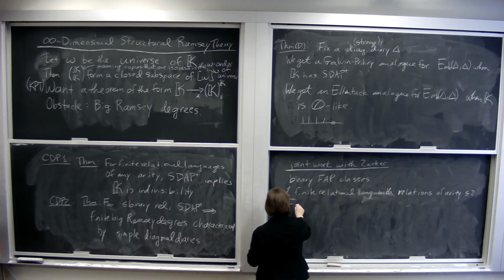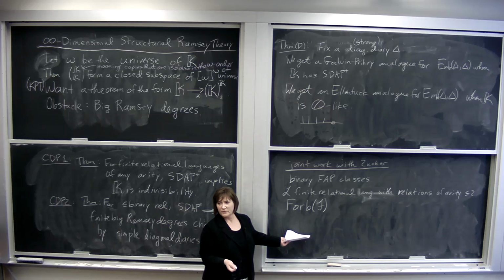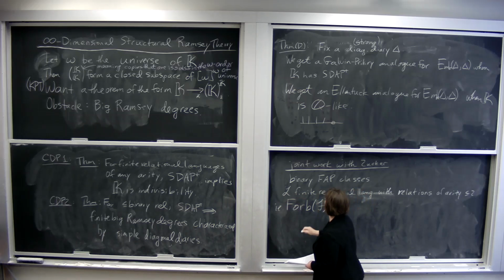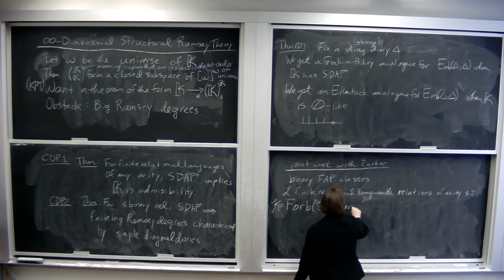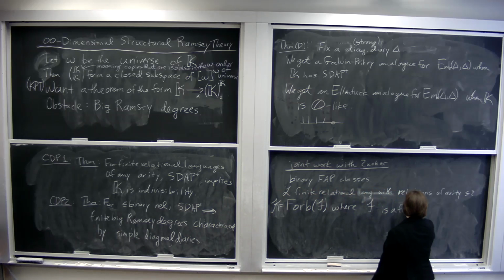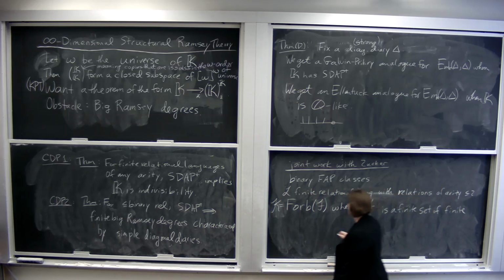It is really the same thing as looking at the L structures which forbid some collection of finite irreducible substructures. So F is a finite collection of finite irreducible structures.